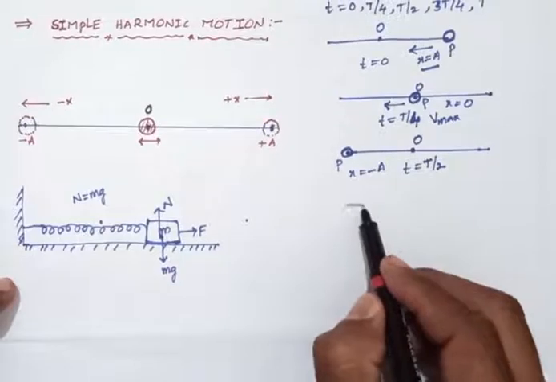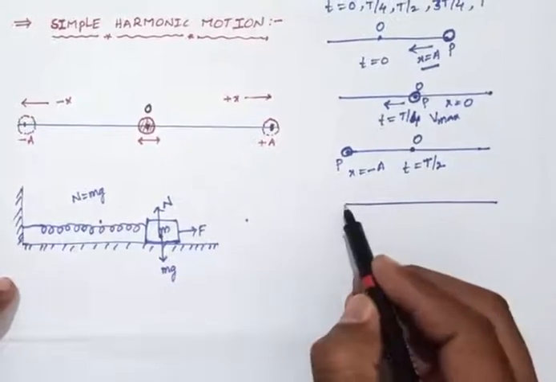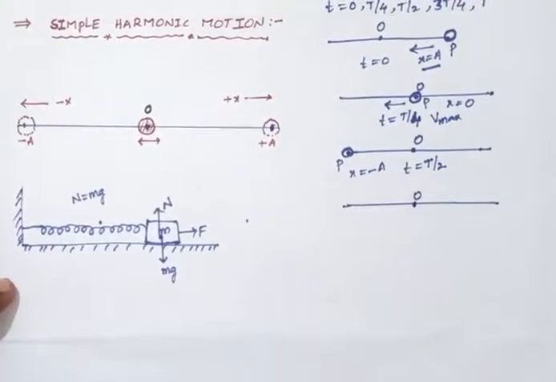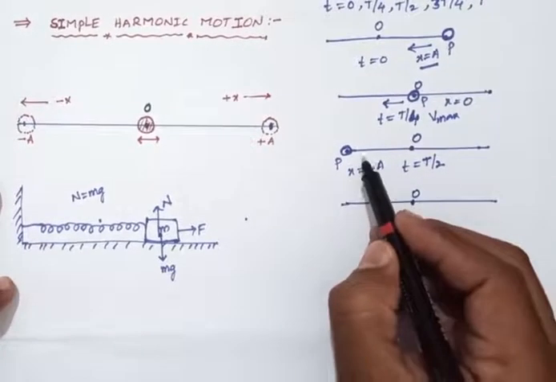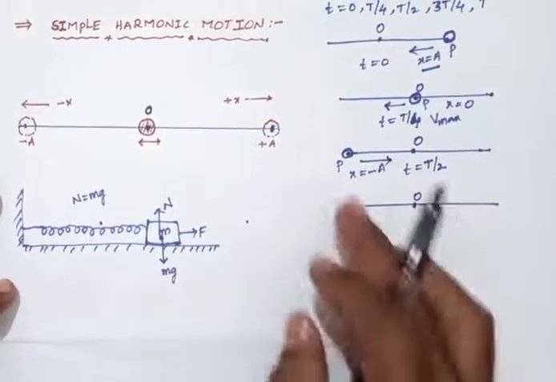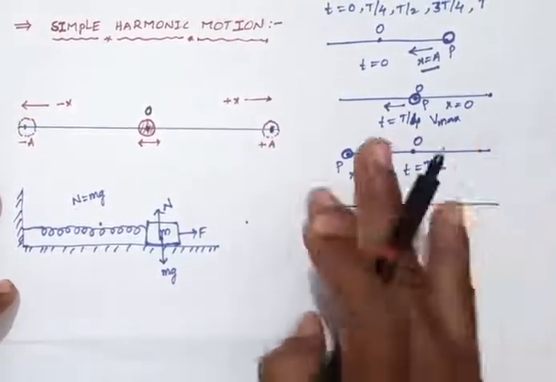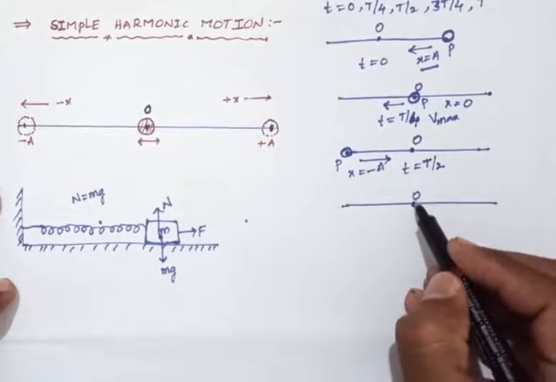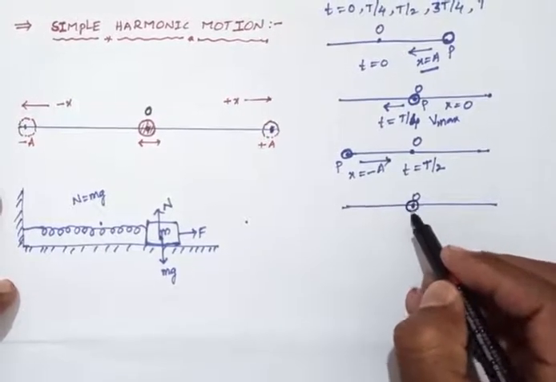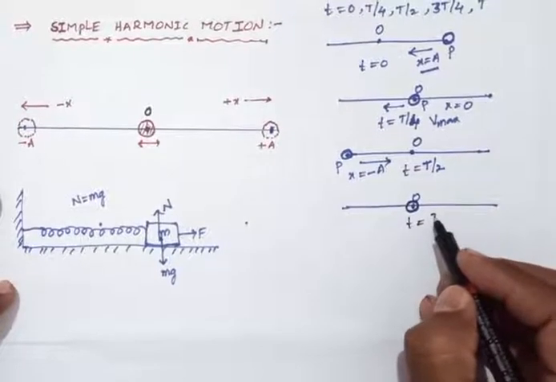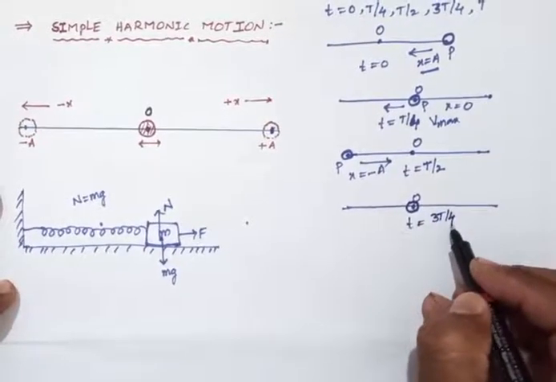Here it is point O, the mean position. Again it comes back, so the direction of the particle is the positive direction. It comes back to the O position at t equals 3T by 4.